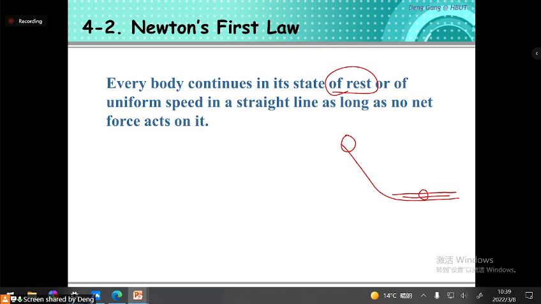So Galileo concluded that if here is a very perfect surface, with no friction, it can keep moving. Based on Galileo's experiments, Newton generalized this first law. It can keep on moving if there is no force.